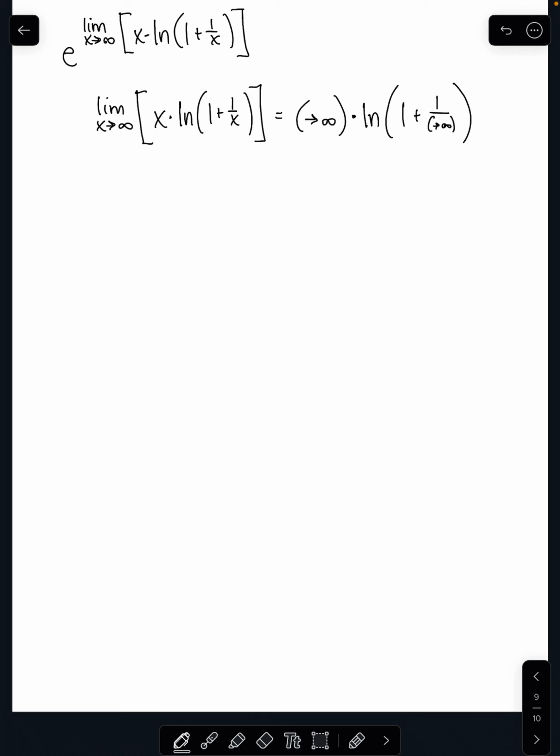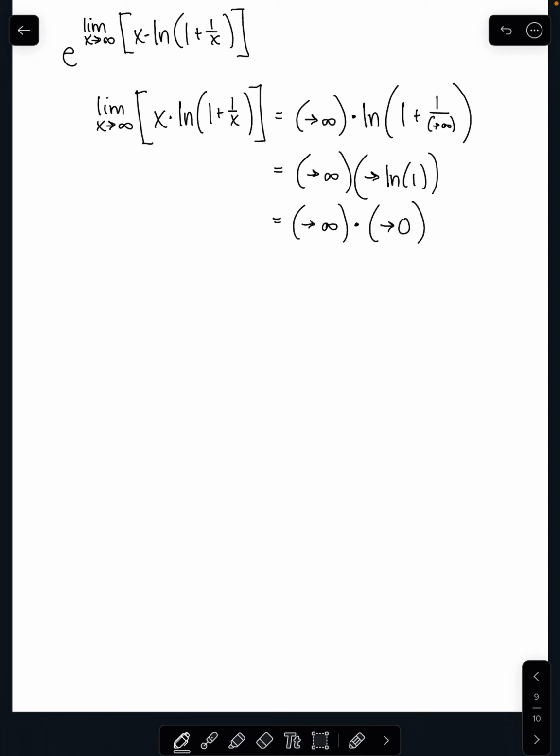The 1 over x term approaches 0, so that we are essentially left with the natural logarithm of 1, which is 0. So the x factor approaches infinity, while the natural logarithm factor approaches 0. And that is the indeterminate form we saw in the previous example.